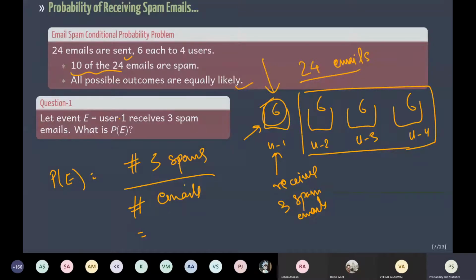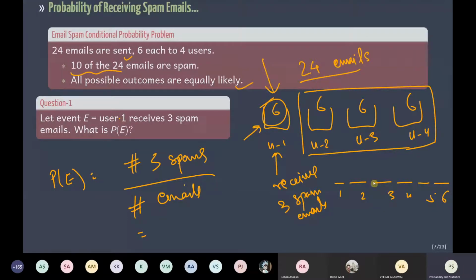As some of you have pointed out, there are 6 places. How many ways can I receive the 3 spam emails? There are spam emails and non-spam emails also.